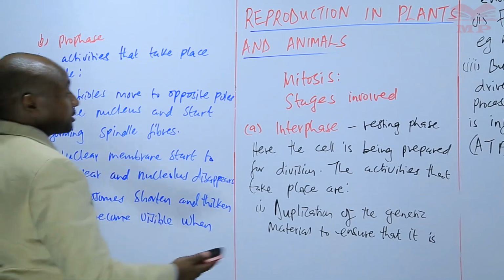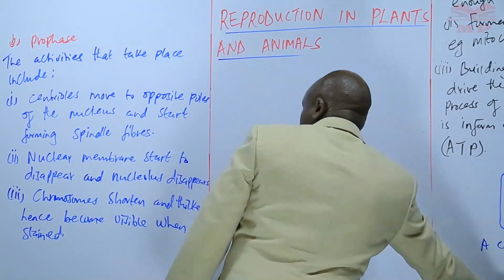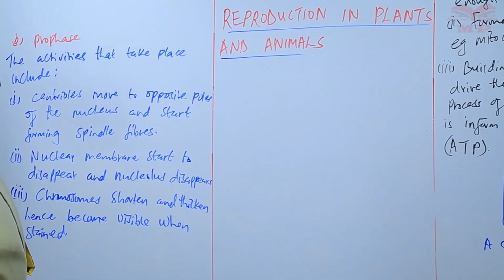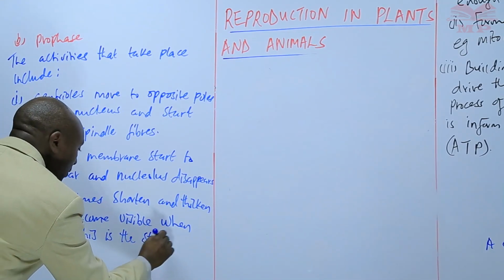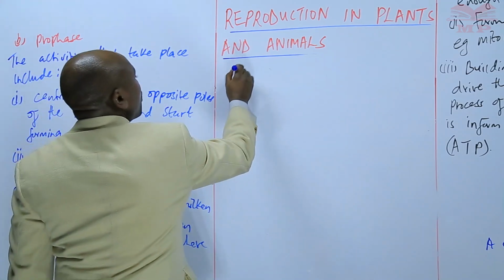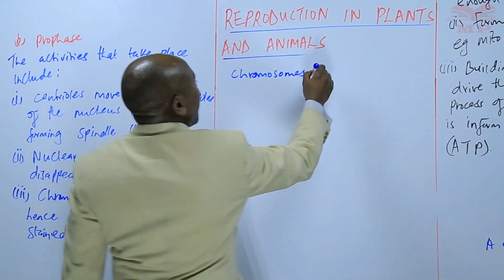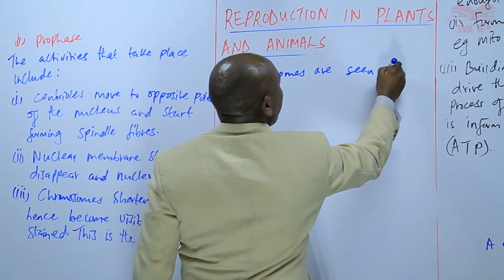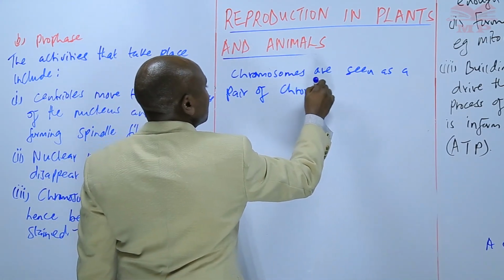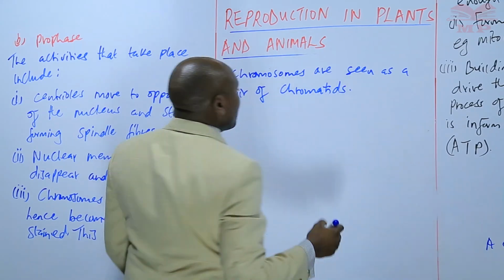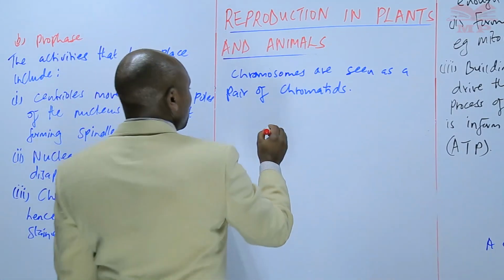An addition to this point is that this is the stage where chromosomes are seen as a pair of chromatids. So it's at this point whereby we start seeing the chromosomes as a pair of chromatids, and we shall have a diagram to illustrate this.